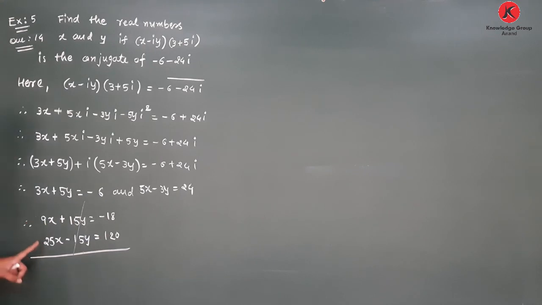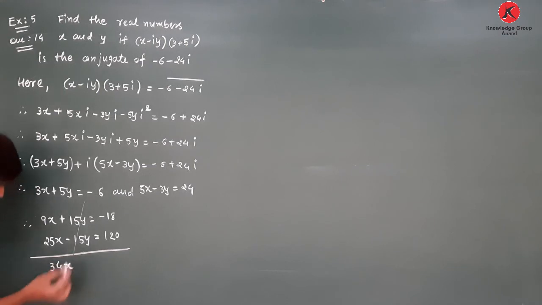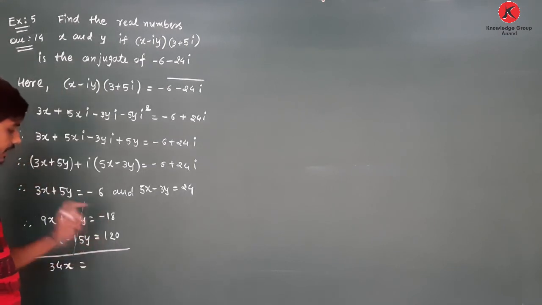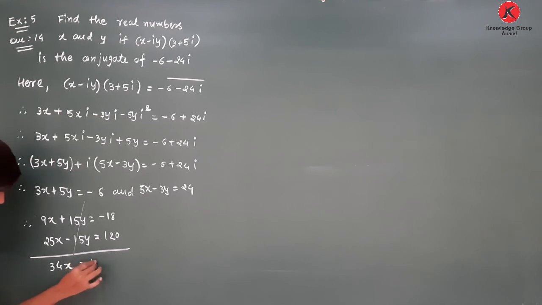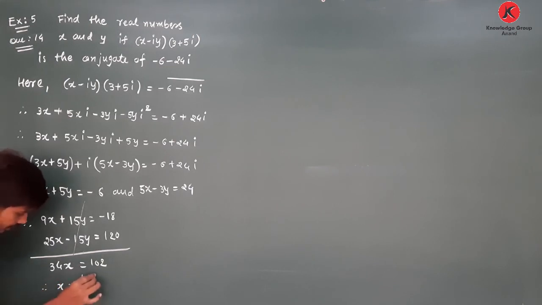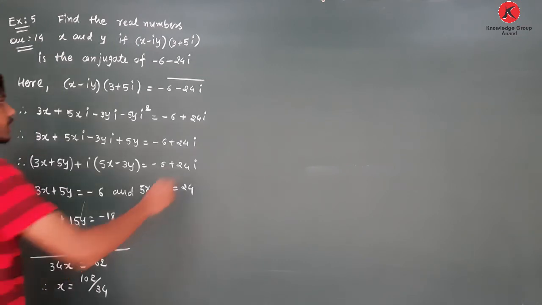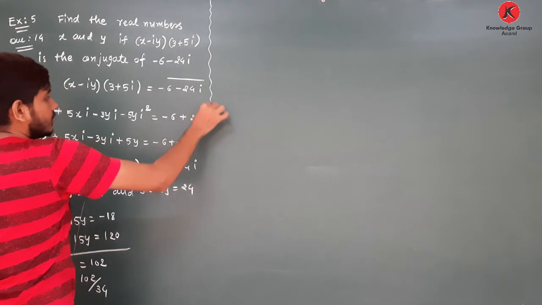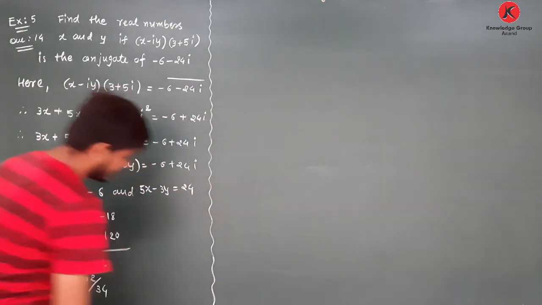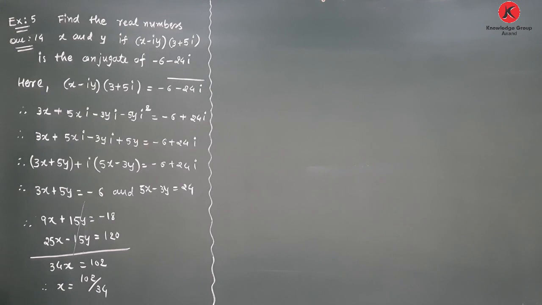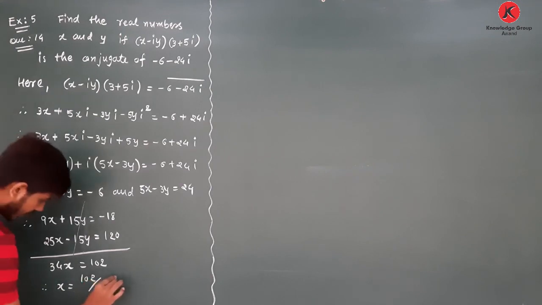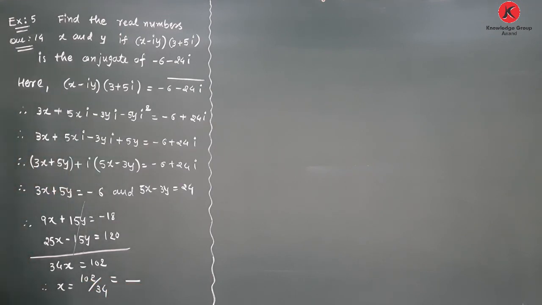Therefore the remaining terms 9x plus 25x become 34x, which is equal to 120 minus 18, that is 102. Therefore x equals to 102 divided by 34. Try to cancel it. 17 2s are 34, and check whether 102 is a multiple of 17. Whatever answer comes, write it here.